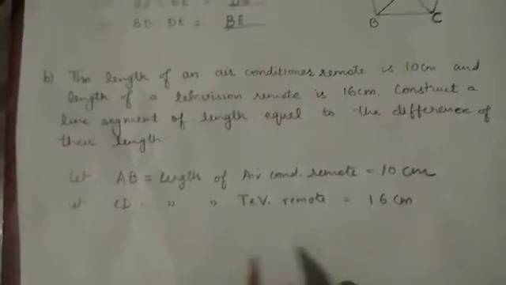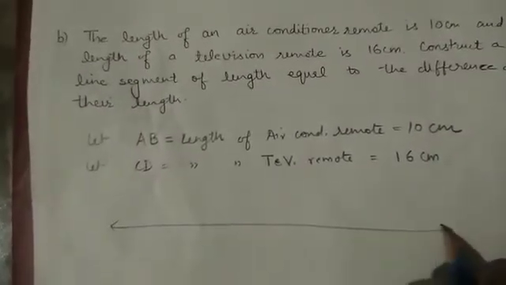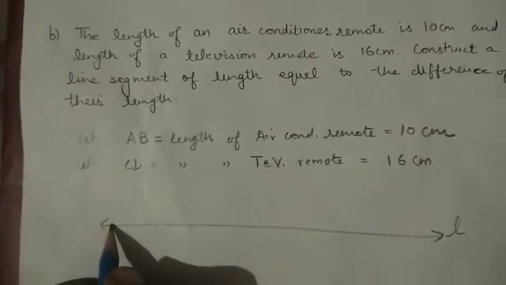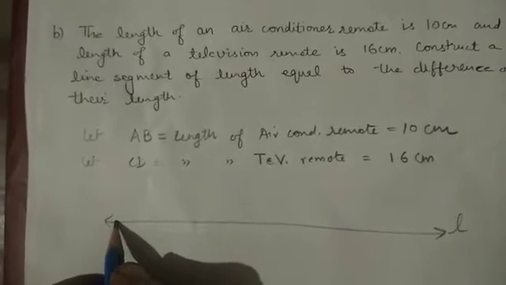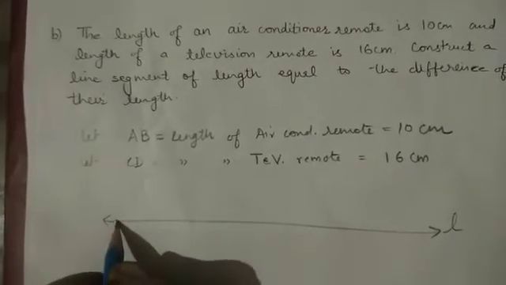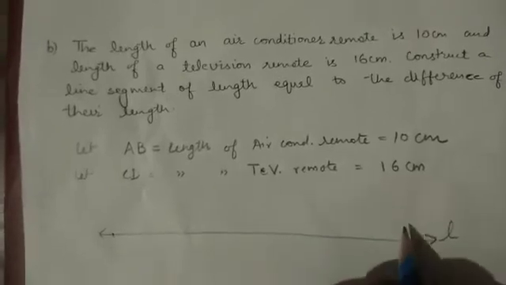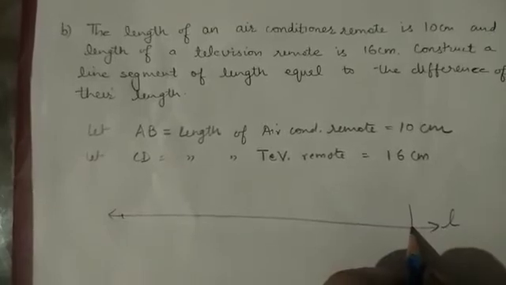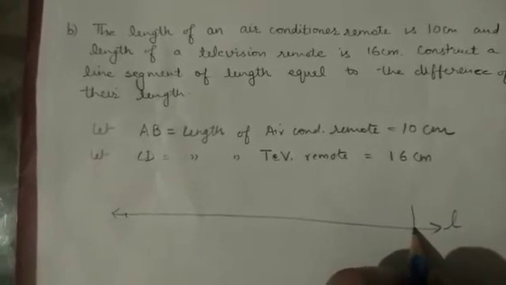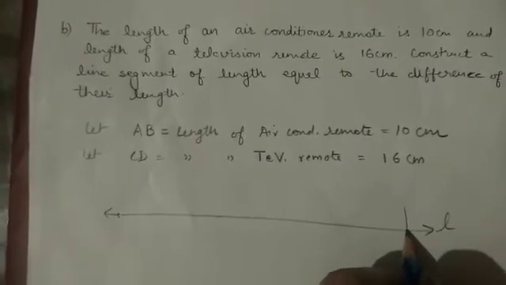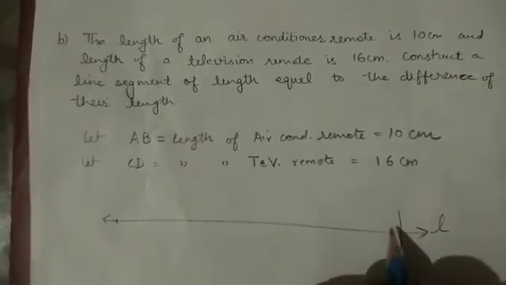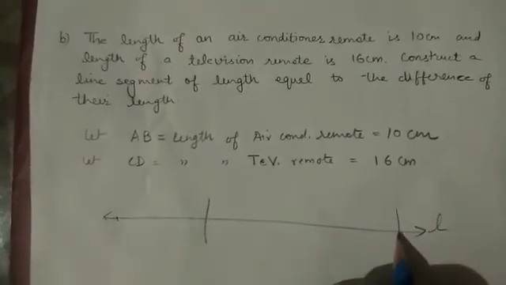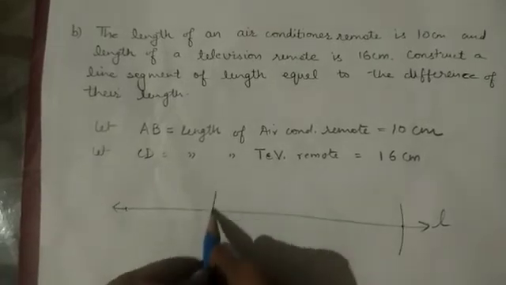We are to construct a line segment whose length is equal to difference of their length. So what should we do? We should draw a long line using a scale. Now open your compass up to 16 centimeter. Like I will start from here and mark an arc of 16 centimeter with compass only. You will not do it directly. Now we will mark an arc of 10 centimeter from this point and in this way. I will keep my compass at this point and mark an arc in this way.